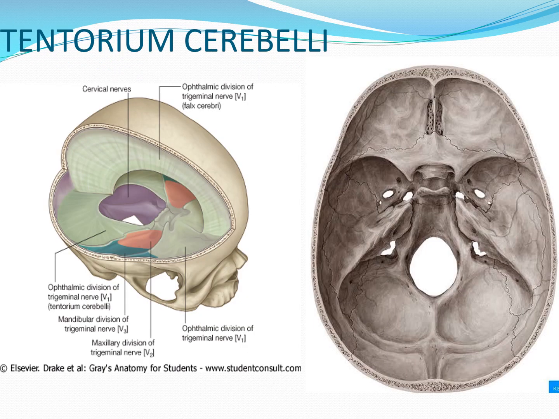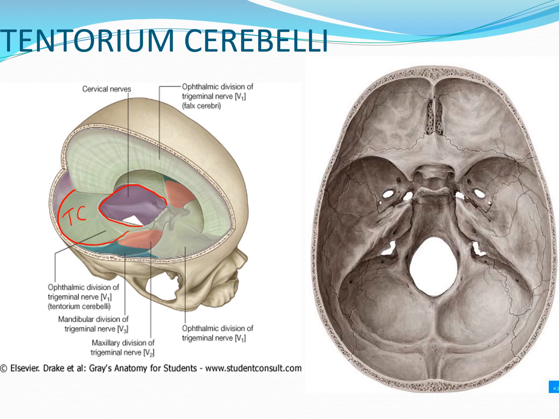So here you can see, this is the tentorium cerebelli. As you can see, it has two margins. This is the free margin of the tentorium cerebelli and this is the attached margin. Let us see the attachment of the free and the fixed margin.